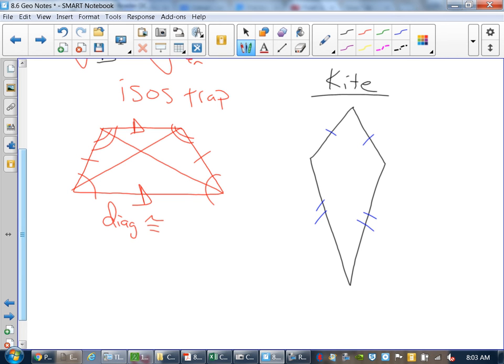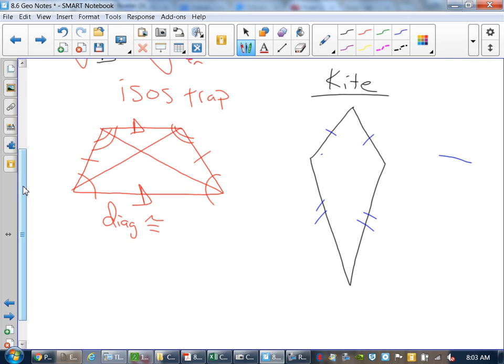So kites. Again, think of kites as 2 isosceles triangles put together. The 2 isosceles triangles that are put together would have a shared base, if you will.